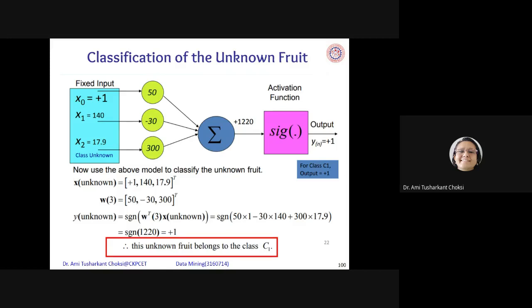We have worked with the idea that +1 means class 1 and -1 means class 2. So we are getting +1, so the fruit belongs to class C1. Very simple prediction and very simple example.